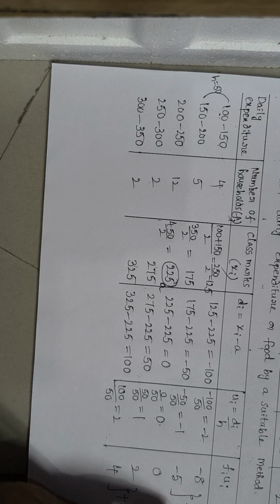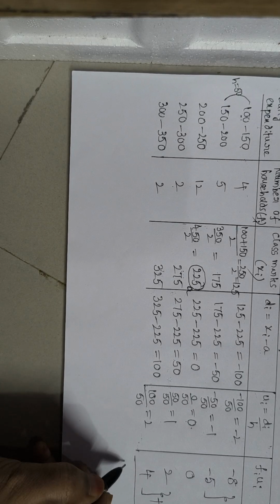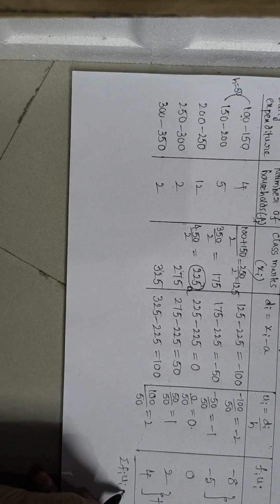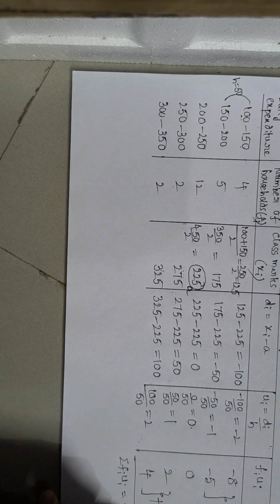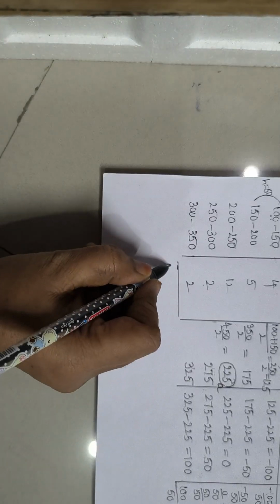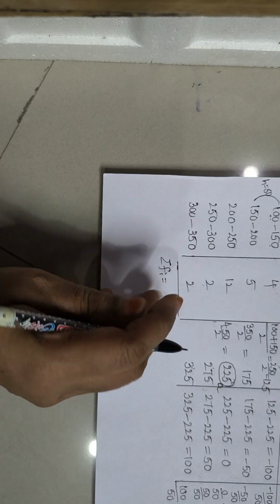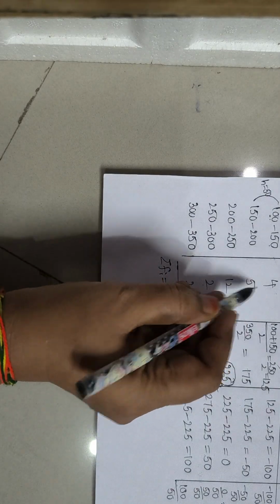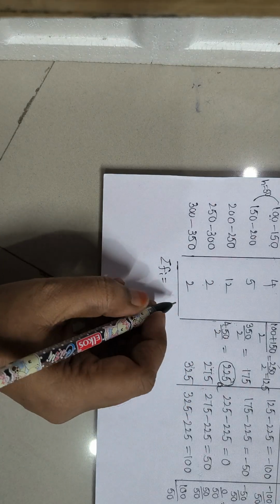Here, minus 13 plus 6. So, we have to subtract because there are opposite symbols. Minus 13 plus 6 means minus 7. And this is sigma fi ui. Sigma means summation of all these values. And sigma fi, summation of these frequencies. What is this? This is 9 and 16, 25.